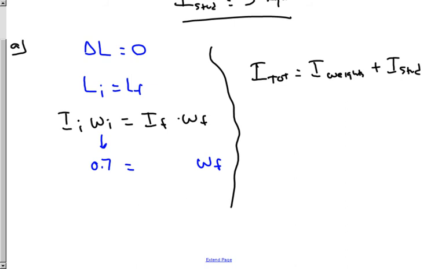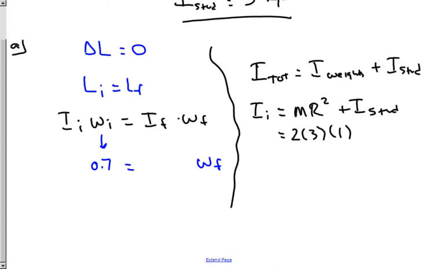Now the I of the student doesn't change at all, so our I initial is going to be the I of the weights, which can be considered point masses, so they are mr squared, plus the I of the student. And now we have two of the masses, so we have 2 times 3 times 1 squared plus the I of the student, which is 3. So we end up having an initial moment of inertia of 9 kilogram meters squared.